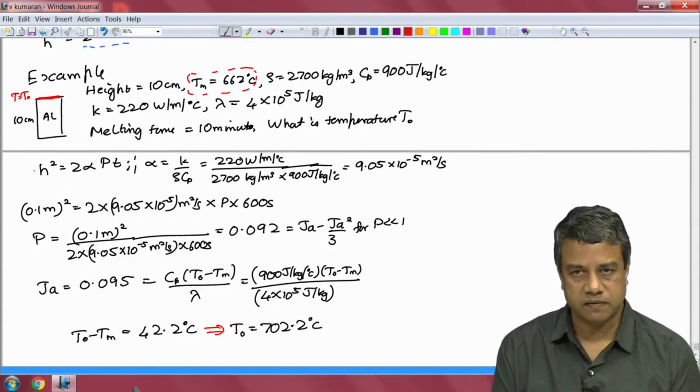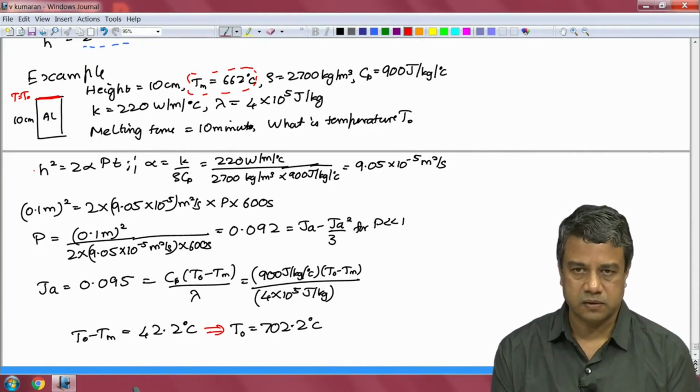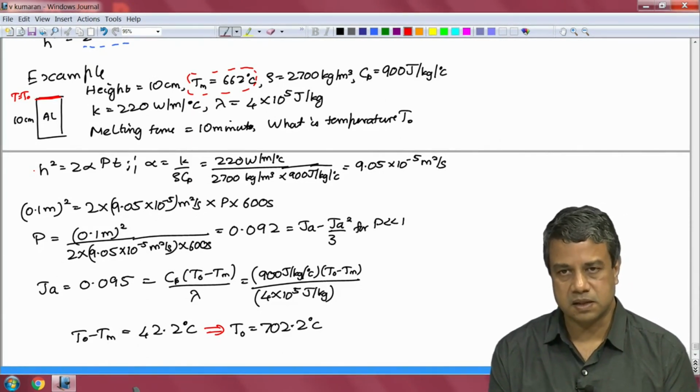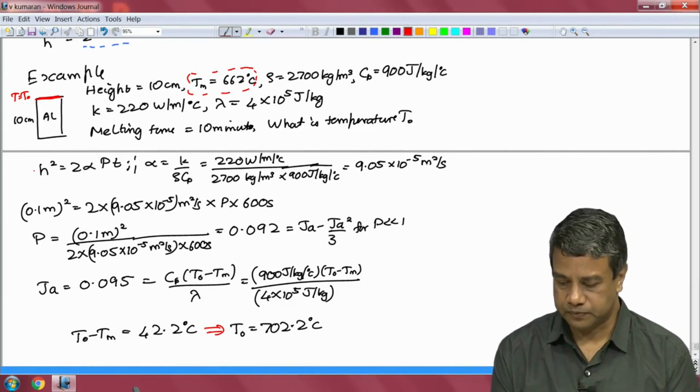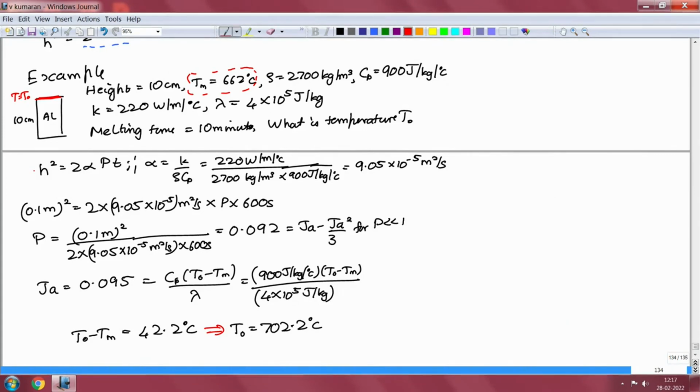I have shown you an example of where that can be practically used for the increase in the size of the melt pool. This completes our discussion of similarity transforms, where a partial differential equation in time and in position was reduced to an ordinary differential equation using a similarity transform.